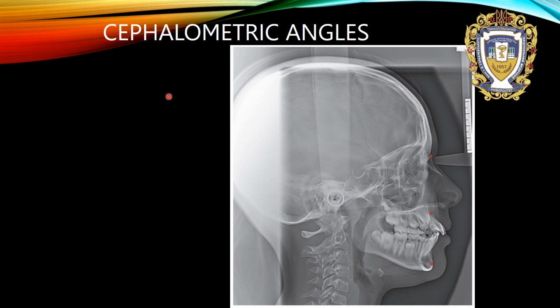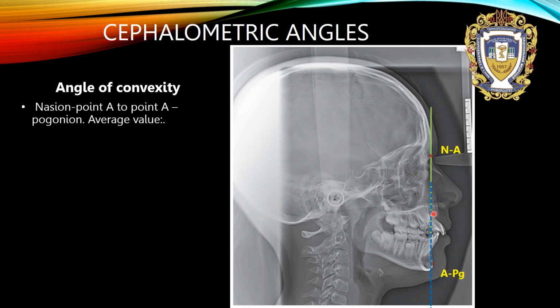Angle of convexity. It is plane between nasion point and A point, and A point pogonion point.